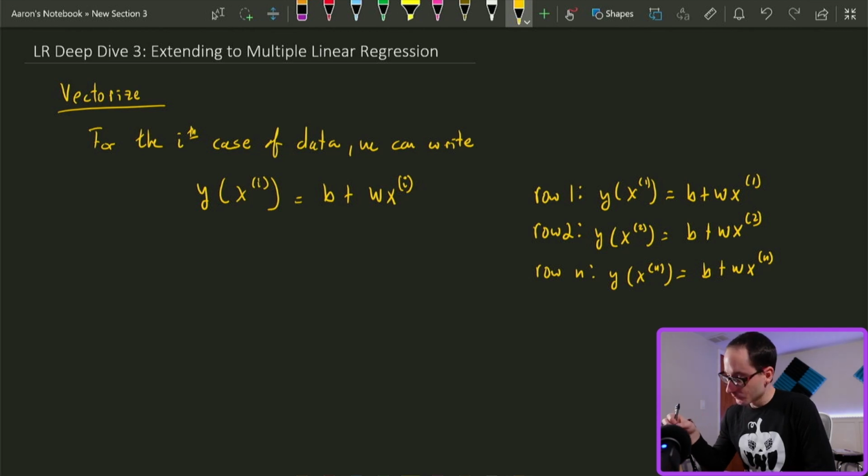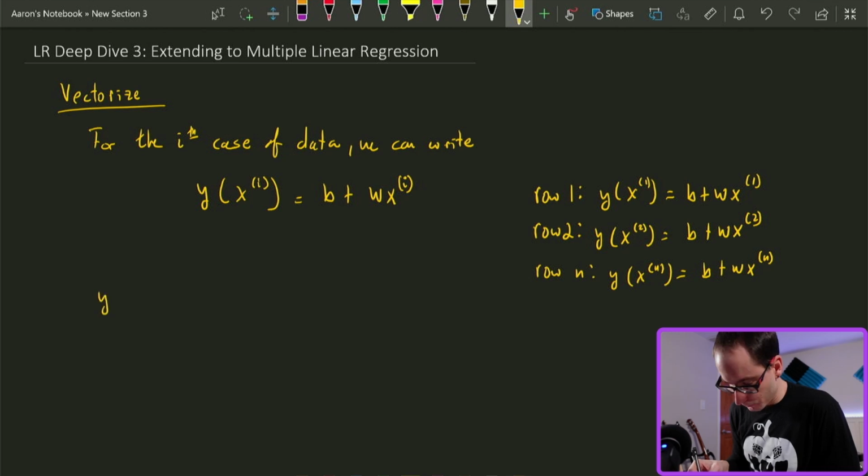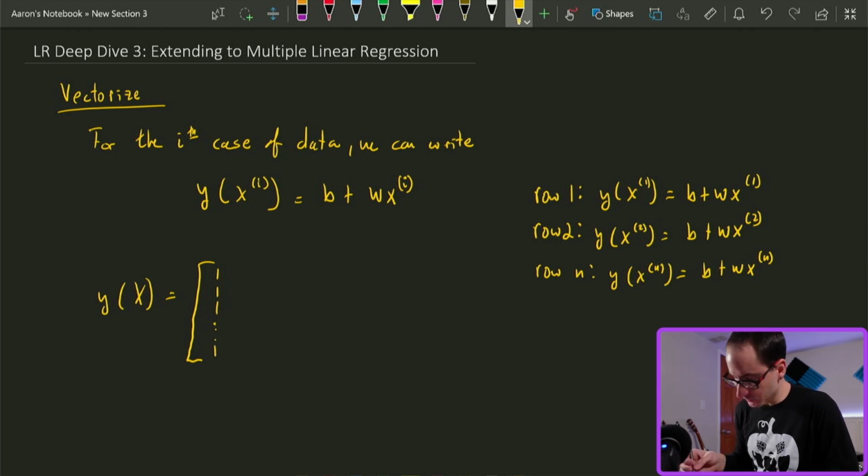So in terms of writing this and looking at our data set, I'll say y of capital X then is equal to, I'm going to have a column of ones here for the constant or the intercept or bias term b, and then I've got my feature values for my data set.